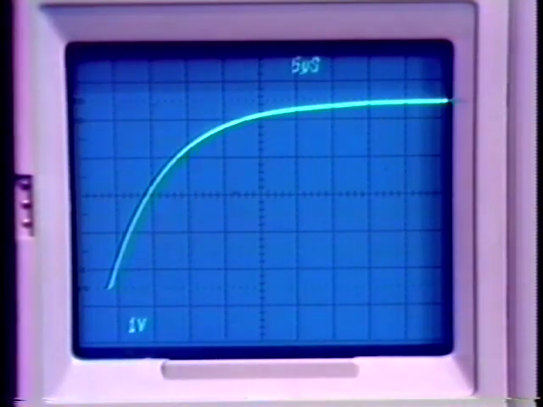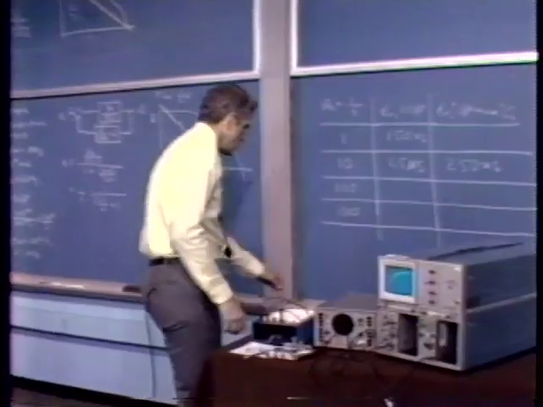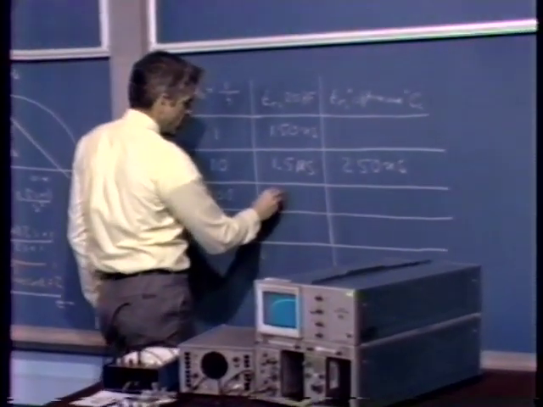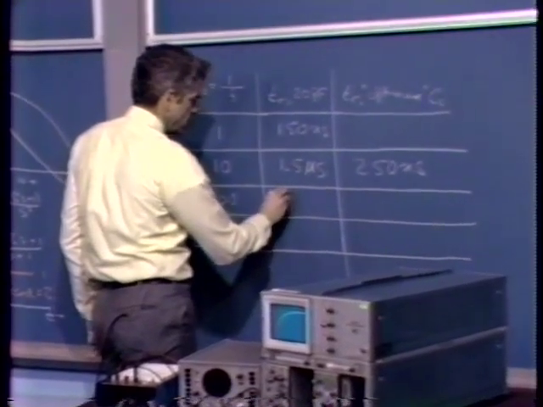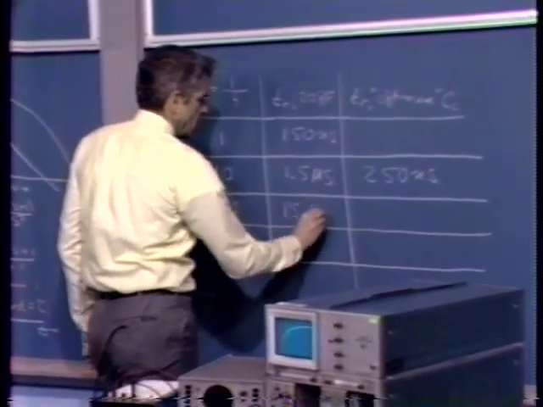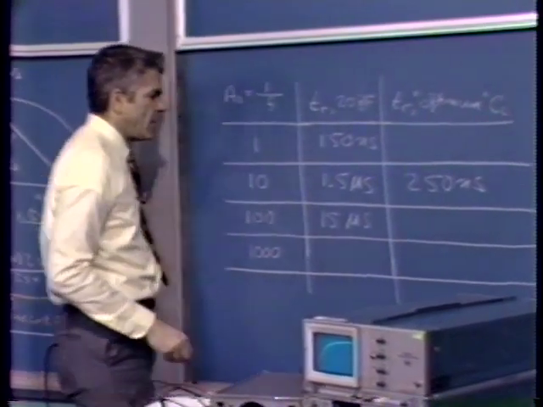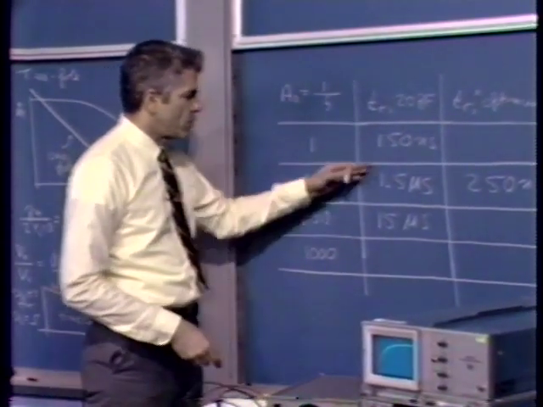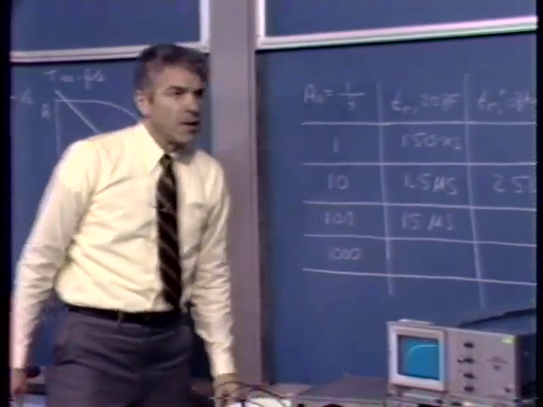Again, since we're comparing in this column the response that we get with an equal value for C sub C, but progressively smaller values of f, we'd anticipate that this value would simply go as 1 over f, and we see that that's what happens.